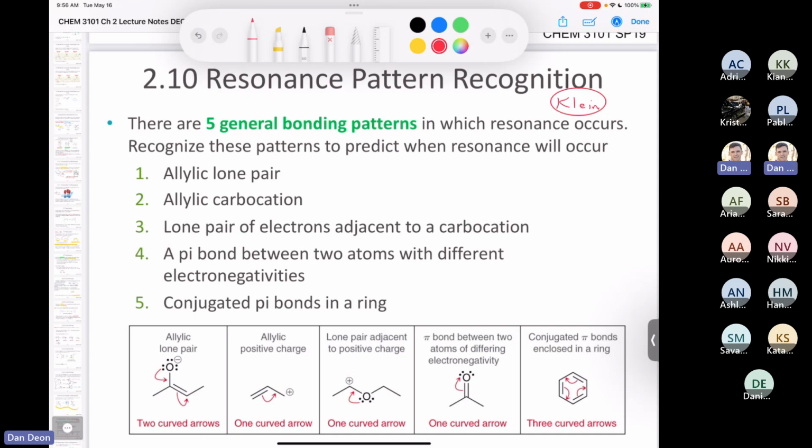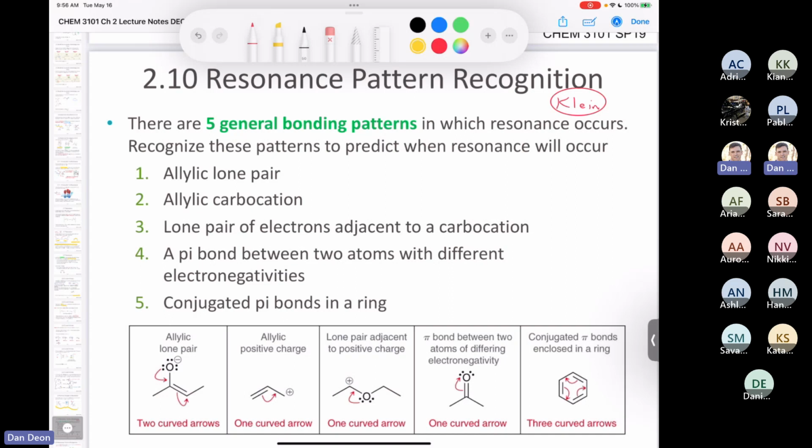You can memorize these. That's one thing you could do. It might be good to memorize them at the beginning, but as you move forward in the course, you're going to get used to drawing resonance structure after resonance structure, so eventually you won't really have to refer back to these. But for now, they will work.